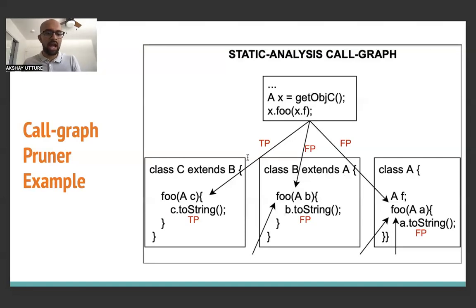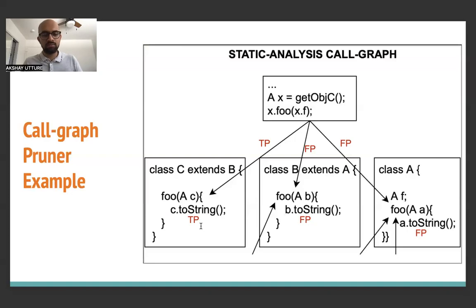Now, if we run a null pointer analysis on top of this call graph, we will conclude that since the field F is uninitialized, the parameter x.f could be null, and then the parameter in each of the three foo calls could be null, and as a consequence, each of the three toString operations could result in a null pointer exception.